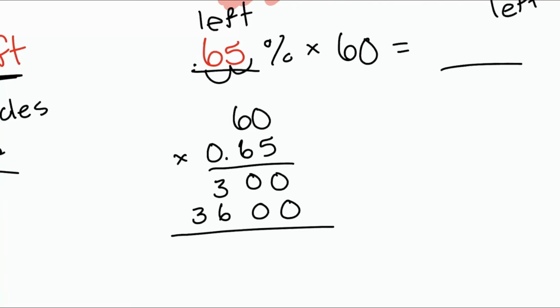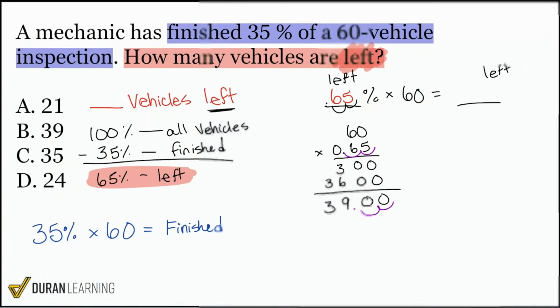Lined it all up. And now we add everything. We have 0, 0, 9, and 3. So it's not 3,900 because we have to move 2 decimal places back. And that'll be 2 decimal places there, making it so that we have 39 vehicles left in this inspection, making the correct answer here, answer choice B.